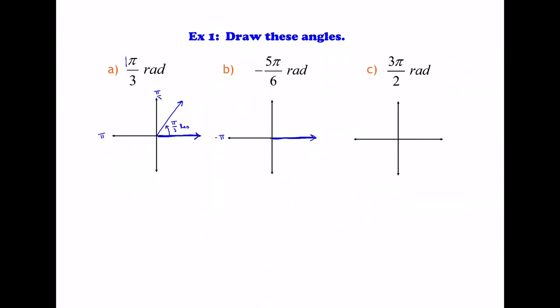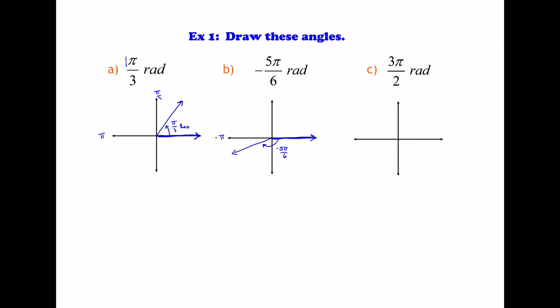So 5/6 pi would be somewhere over there. That's about a sixth in terms of half a circle. So 5 pi over 6, it's in the negative direction, from the initial to the terminal, and that would be negative 5 pi over 6. So we're just sketching these. They don't need to be exact, but they need to be in the right location.